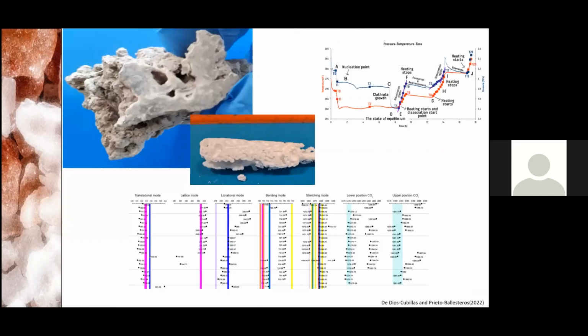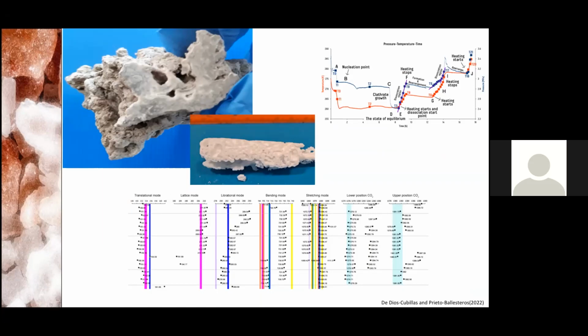So we are analyzing natural clathrites from the hydrate-rich offshore of Oregon, including biomarkers, isotopic, molecular, and textural analyses. And now we are simulating in the lab the formation of the clathrites.